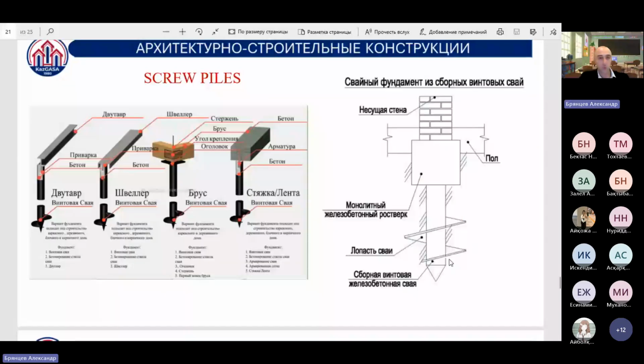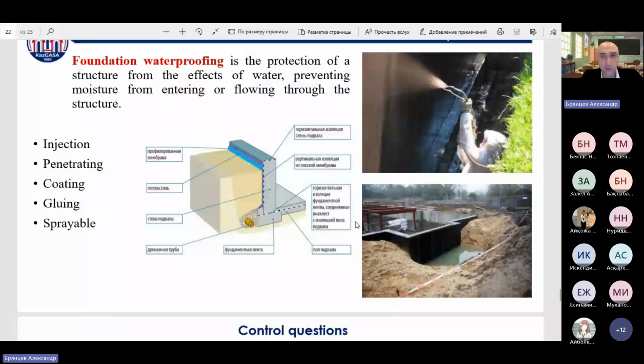Next one is the screw pile. We actually have a short time, so I will go more quickly. Here you can find the information about the screw pile, and the last one is waterproofing. So waterproofing is the process which protects foundations against water penetration and deterioration.